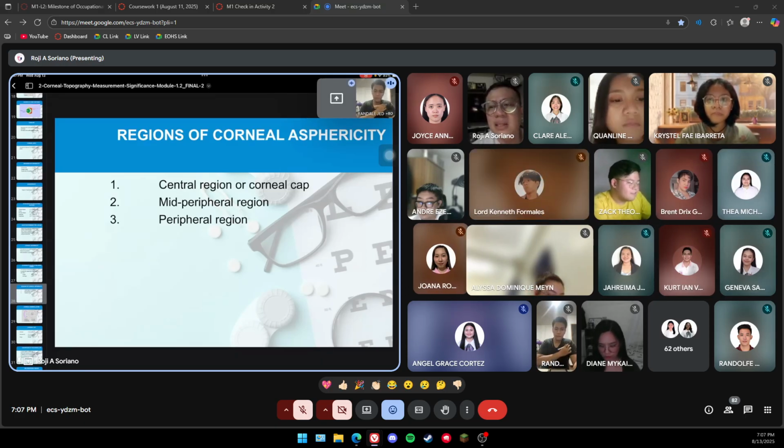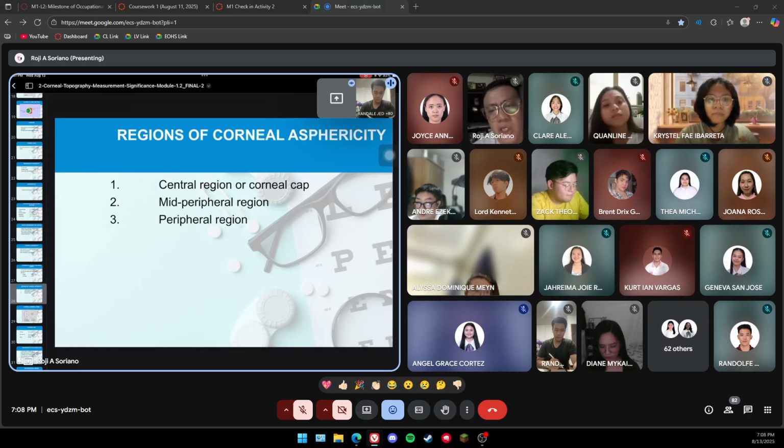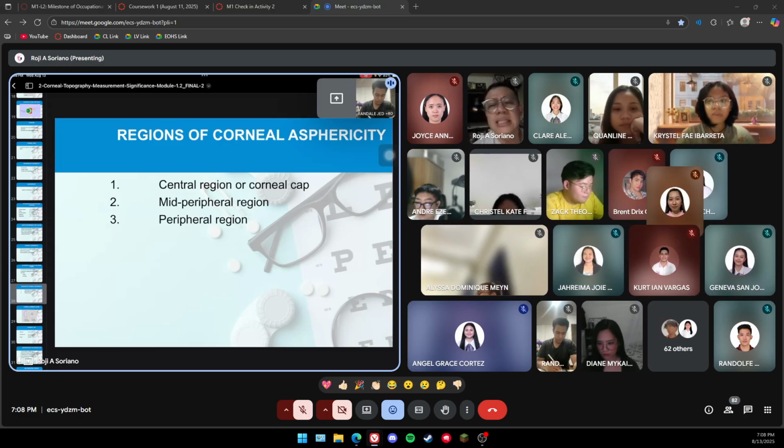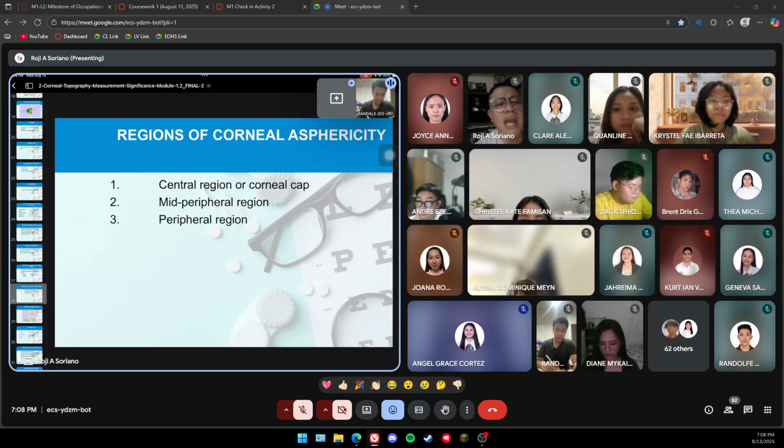To be exact, 3 millimeters. Correct? Are we measuring 3 millimeters? Yes. All right. And then we have the mid peripheral region, and then the peripheral region.